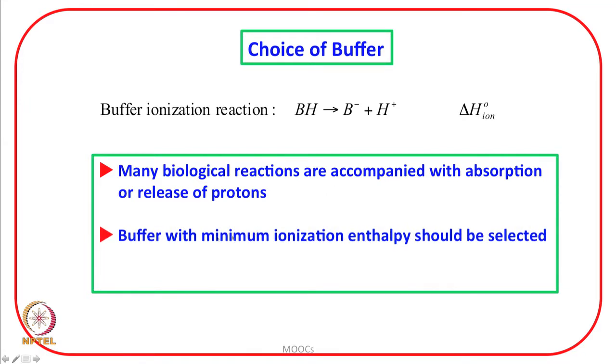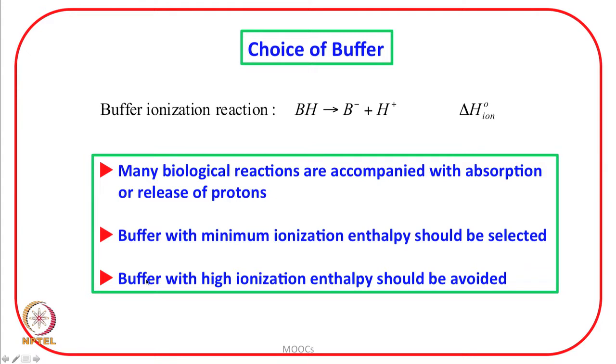Further, a buffer with minimum ionization enthalpy should be selected, and a buffer with high ionization enthalpy should be avoided, because the high ionization enthalpy will affect the actual enthalpy of protein ligand interaction.